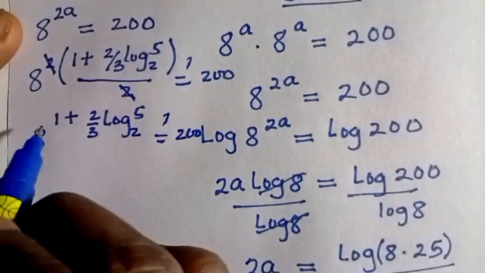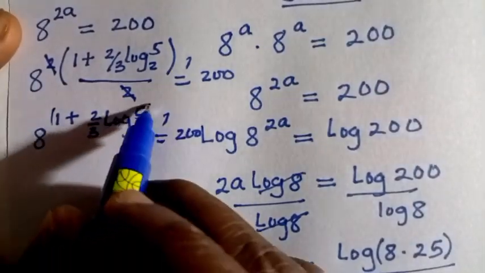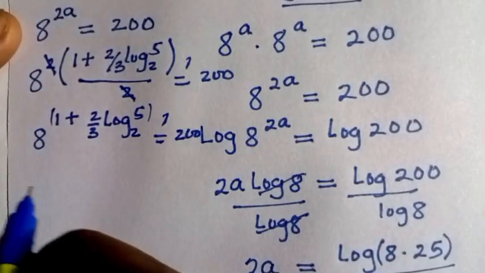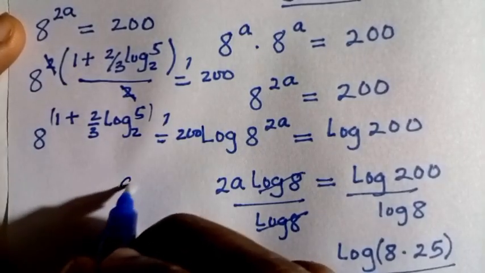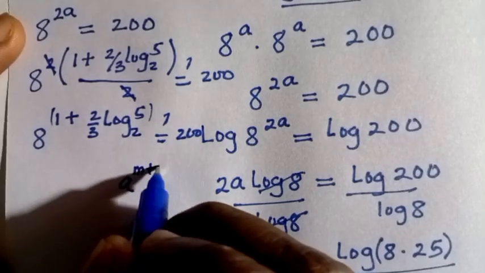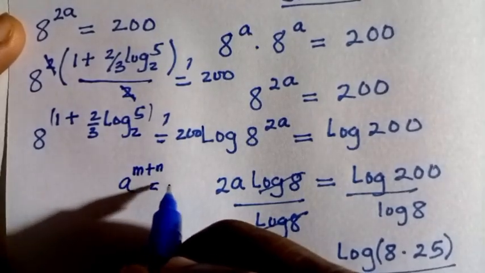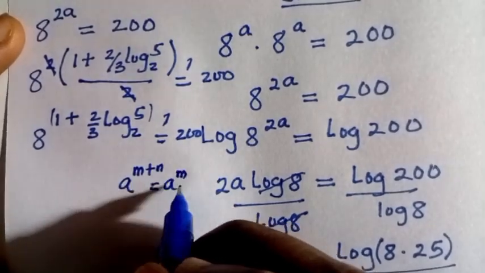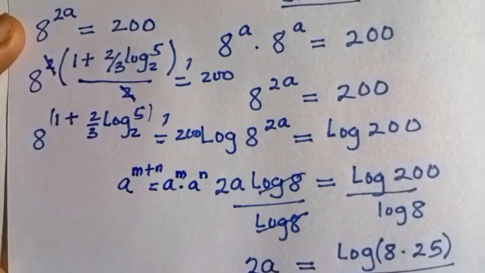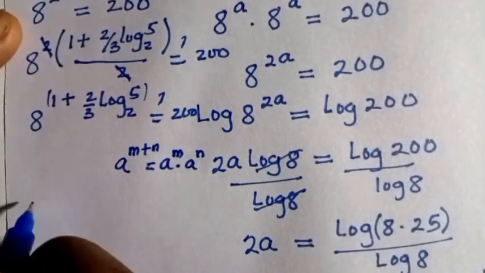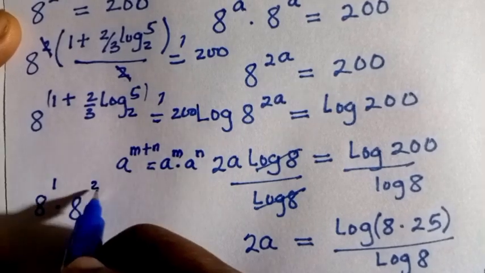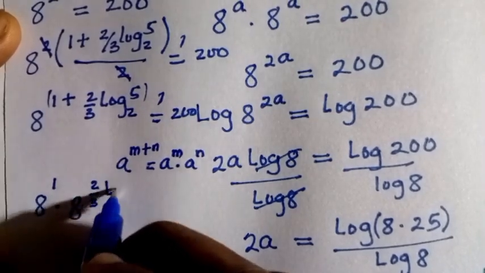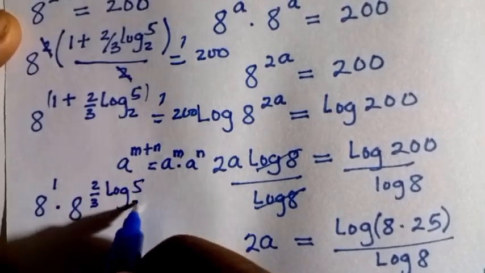Then this is just like the power of everything here on 8, as we are going to consider the rule that if you have a raised to power m plus n, this is the same thing as a raised to power m multiplied by a raised to power n. Then we have this as 8 raised to power 1 multiplied by 8 raised to power 2 over 3 log 5 base 2.